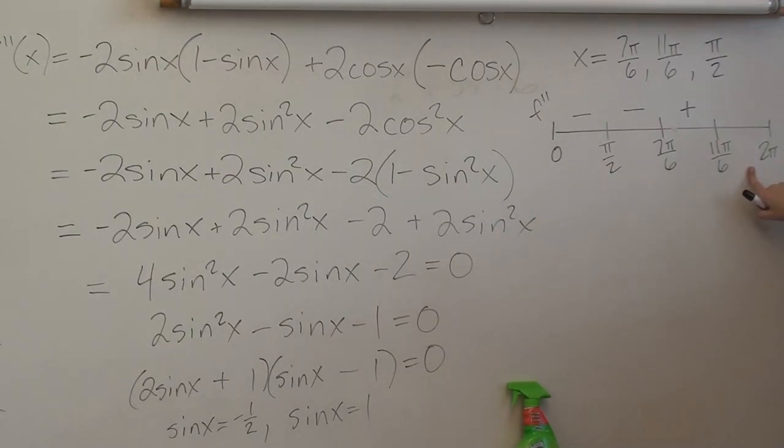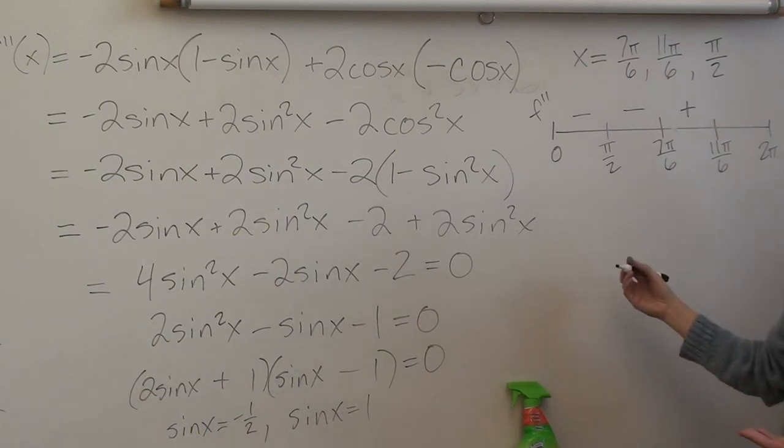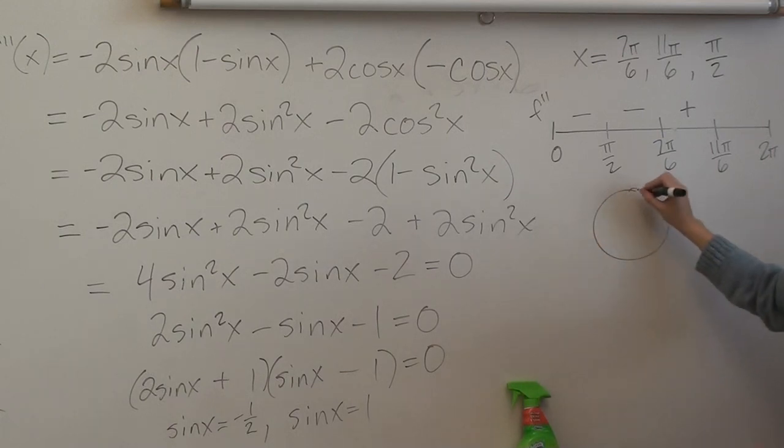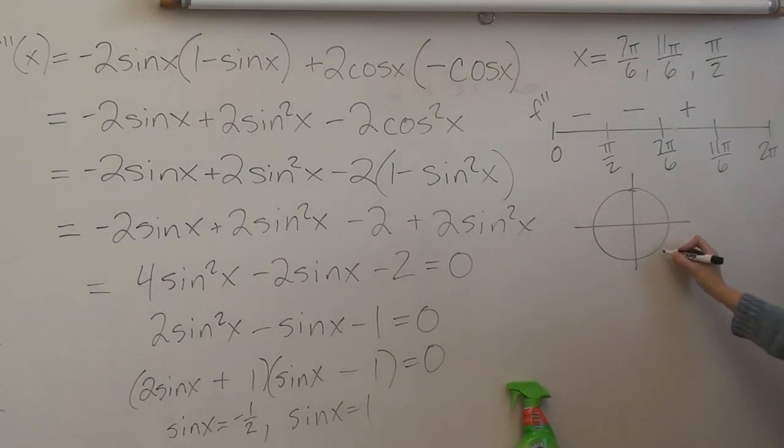All right, 11 pi over 6 to 2 pi, that's a tricky one, right? Because there's no nice angle to plug in there. Here's how I like to think of it when you have to do that. Let's pretend this is 11 pi over 6. Sine is 0 here. At 11 pi over 6, the sine value is negative 1/2, and down here it's negative 1.